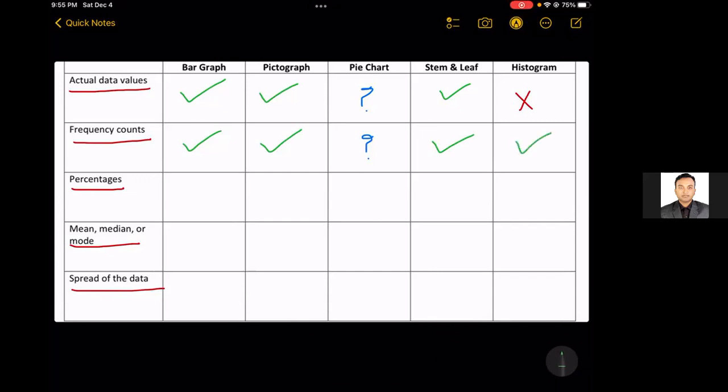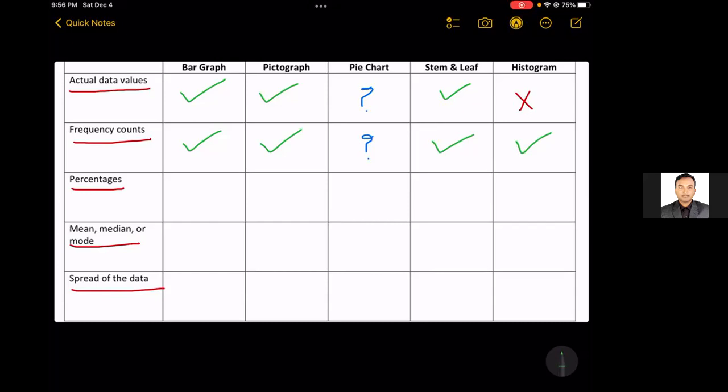For example, we can see how many fall into the range from 5 to 10, but if we have a 5 to 10 range, how many 7s do we have? We can't really count that, but we can definitely count how many numbers we have between 5 to 10, for example.